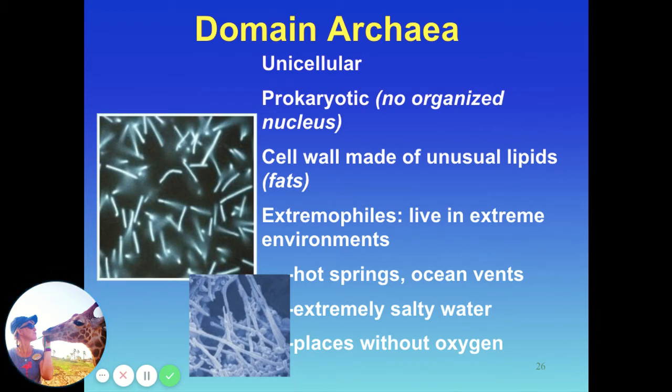You might find them in the hot springs at Yellowstone National Park, deep in ocean vents on the ocean floor, in extremely salty water like the Dead Sea, or places with no oxygen. You have some of these living deep in your gut tract, where oxygen generally is not very prevalent.